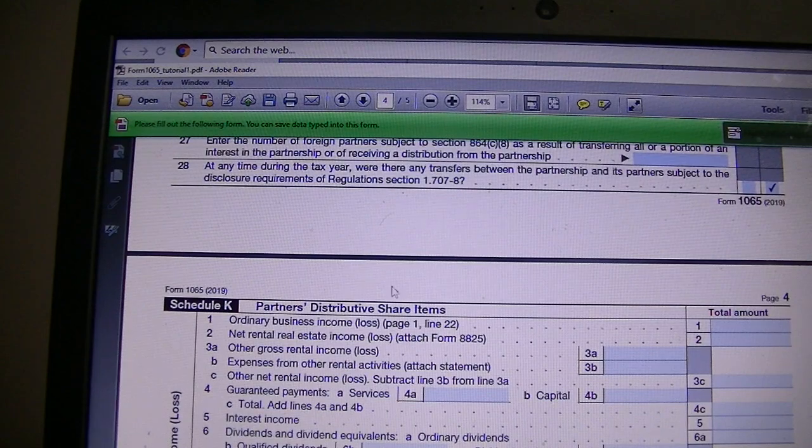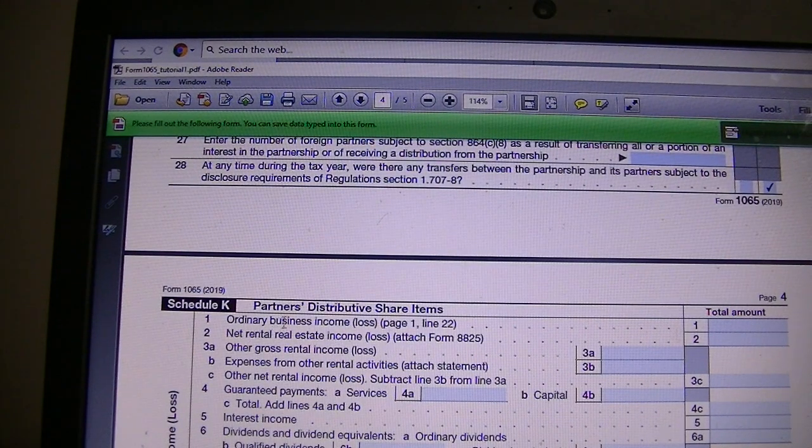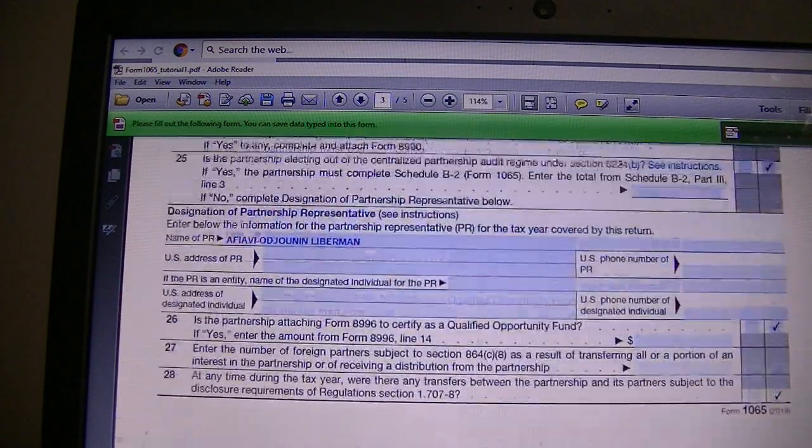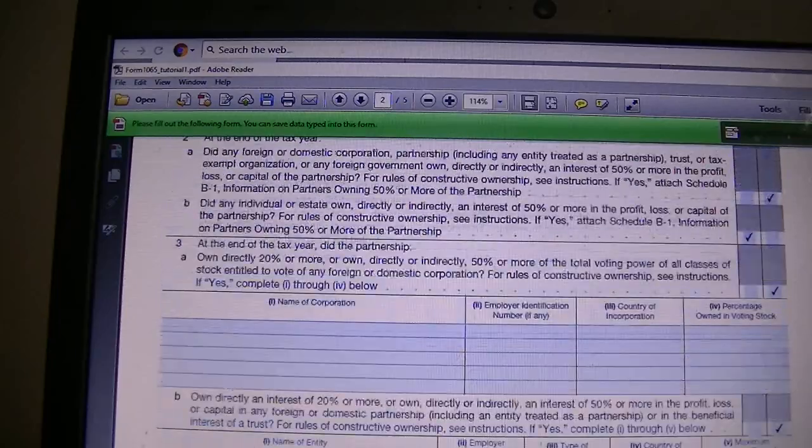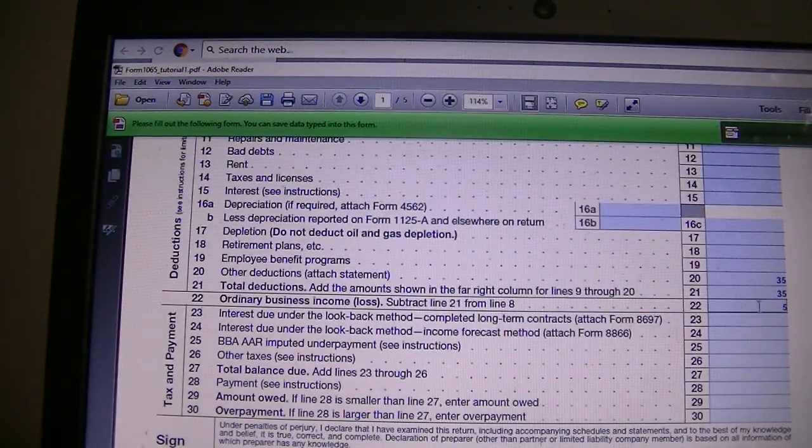So we need to put our ordinary business income from page 1, line 22 here. Let's go look for that information. Line 22 is 5. That's the profit.